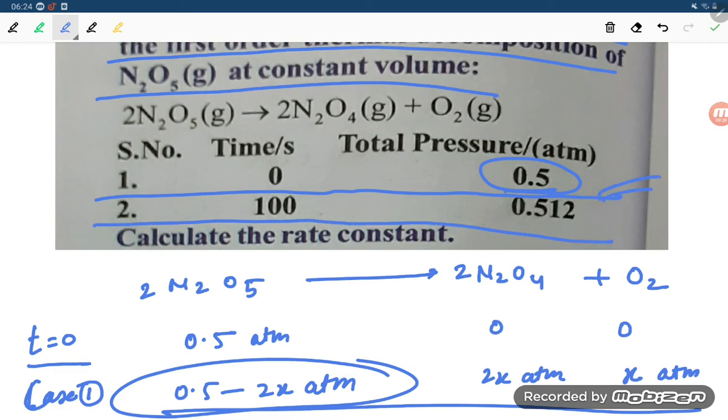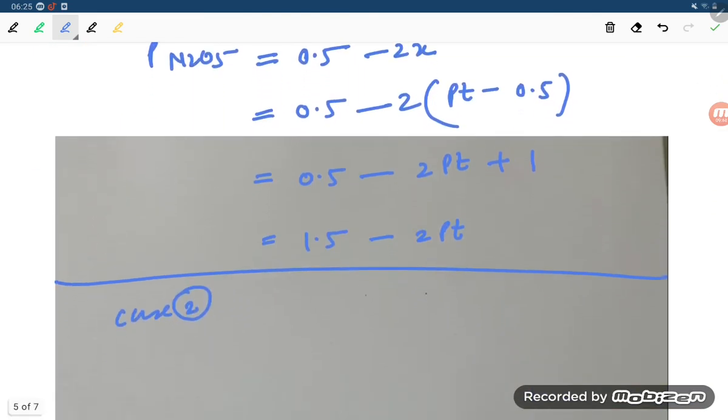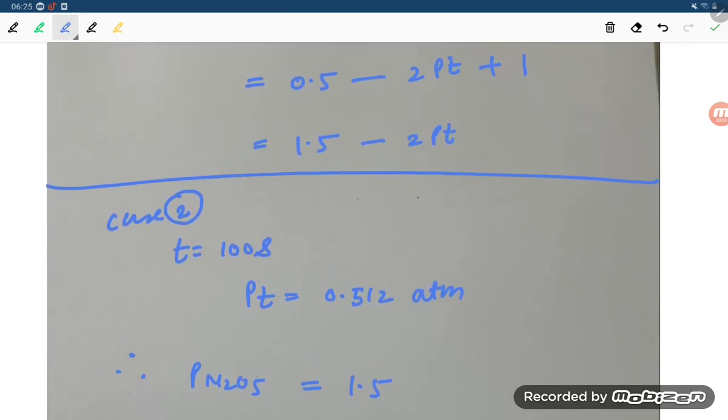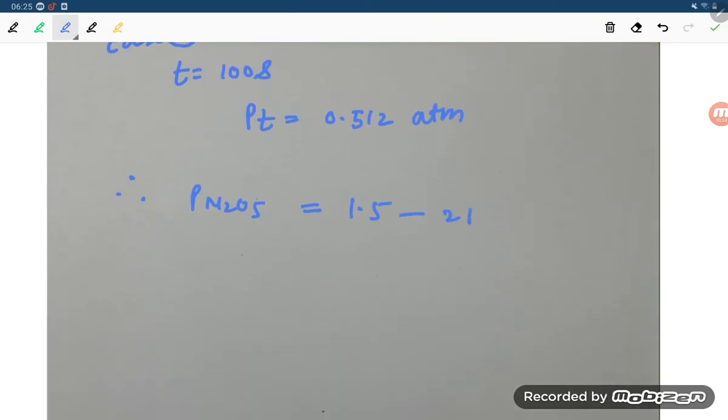Now time is 100, so for case 2, T is equal to 100 seconds. P total is equal to 0.512 ATM. Therefore P N2O5 is 1.5 minus 2Pt, which we already calculated.